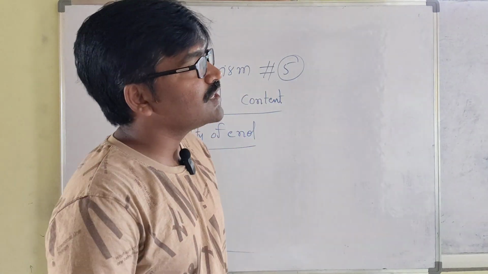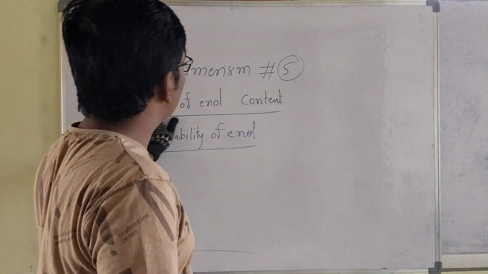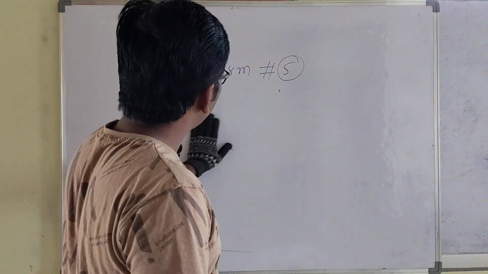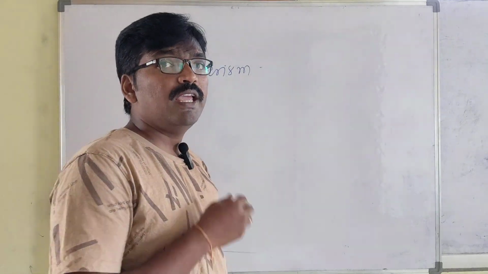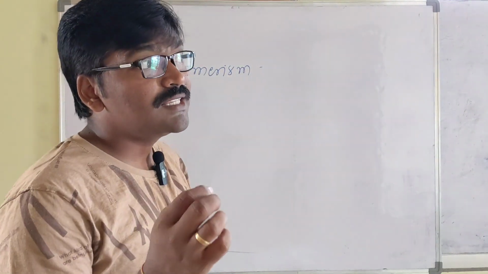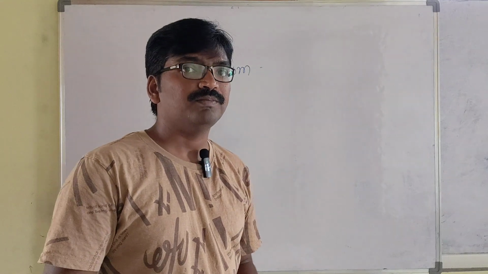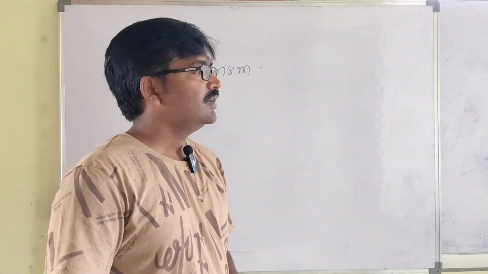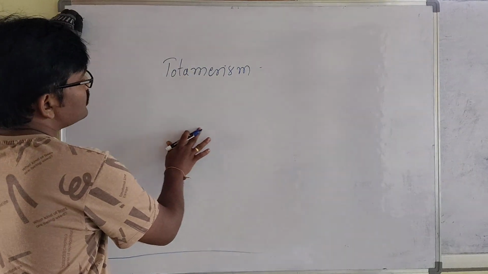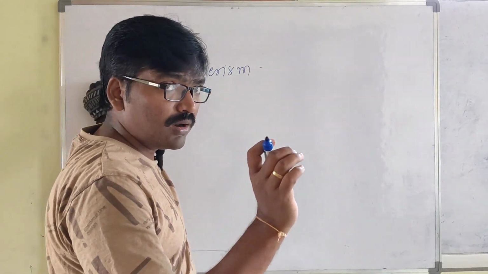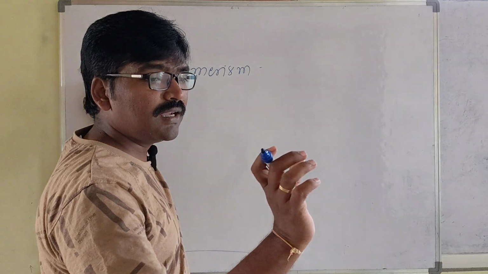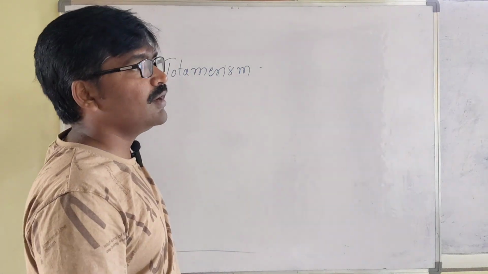In the previous topic we discussed tautomerism. Molecules containing the same molecular formula, but with a hydrogen atom oscillating between different polyvalent atoms.